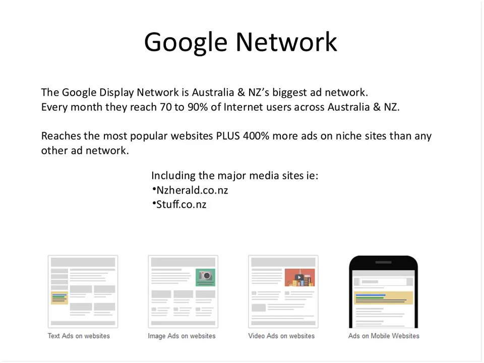Google Display Network is Australia and New Zealand's biggest ad network. Every month they reach between 70 to 90% of all internet users. They have many millions of websites that you can advertise on, plus 400% more ads on niche sites than any other ad network.